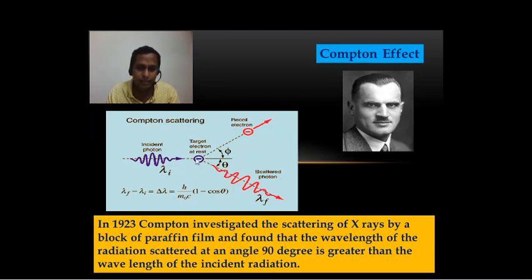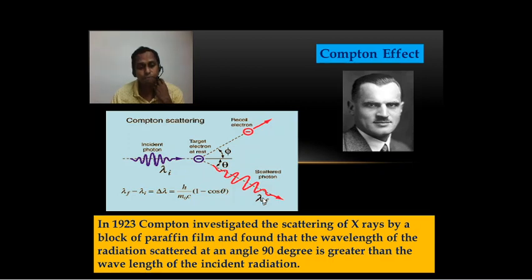After scattering, this electron gains some energy and moves with an angle phi to the original photon direction, and this energy is called the recoil of the electron. Since a part of the incident photon energy is used for the recoil of the electron, the remaining energy is scattered off with an angle theta to the incident photon direction, and we denote this final wavelength as lambda f.